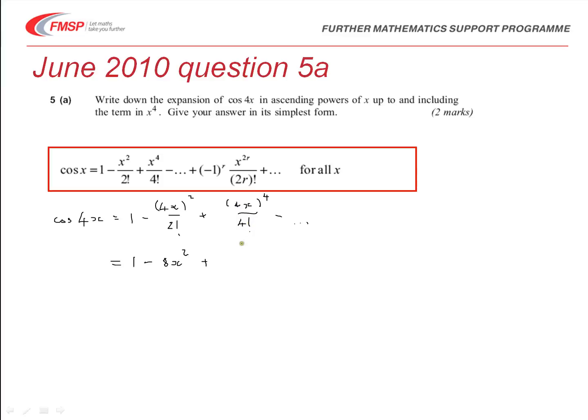Well, there's a 2 in there, so that will give us a 32, and leaves us with just the 3 on the bottom there, and that's the x to the power of 4. Okay, well, there's only 2 marks for that part, so it's basically using the correct method, substituting into the expansion of cos x, and then simplifying it down to the correct solution gives you your accuracy mark for the second one.